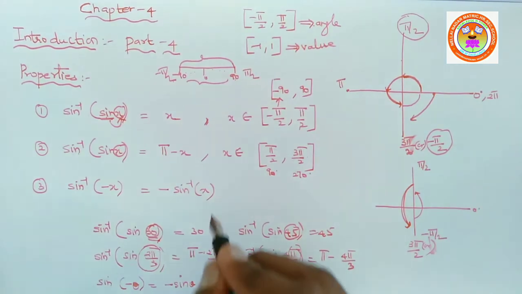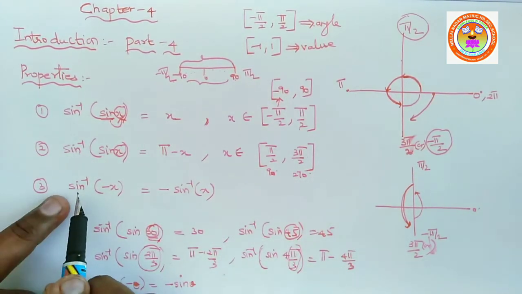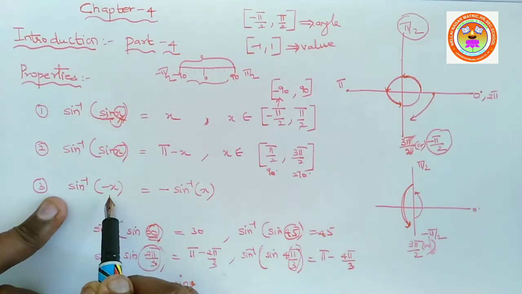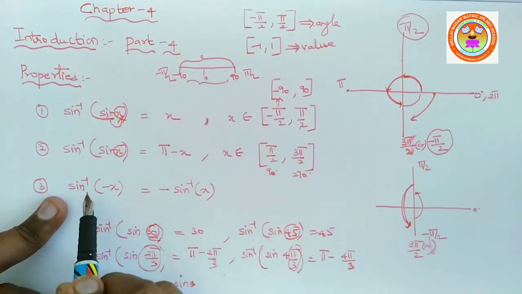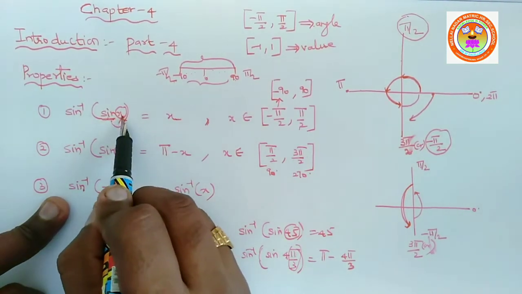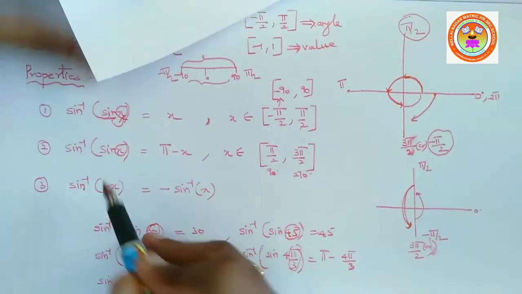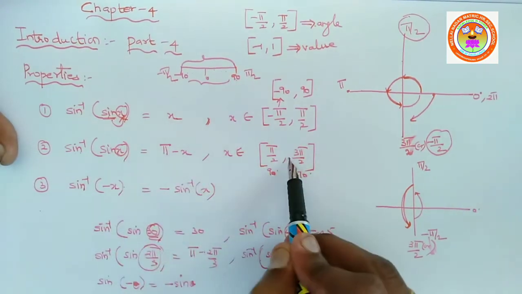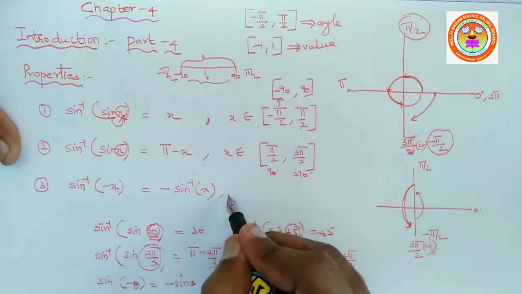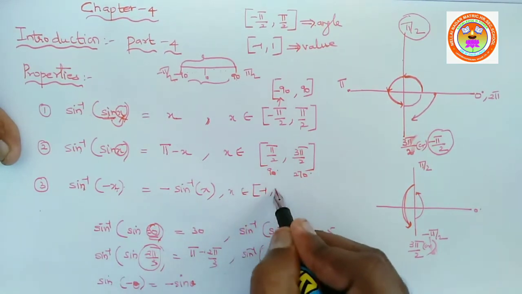Here, listen: sine is followed by angle, and sine inverse is followed by value, where x belongs to minus 1 comma 1.